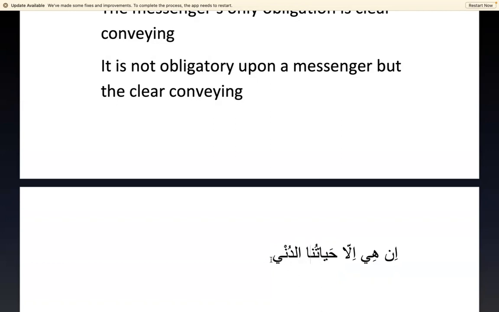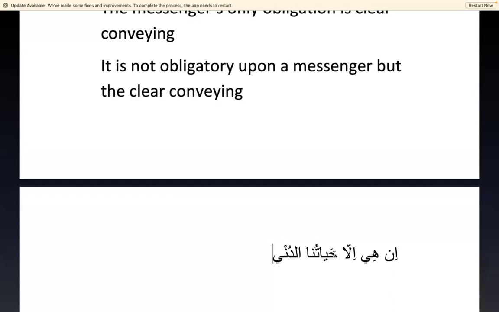Okay. Now, how will you translate then hayatu dunya? The word hayatu means living. Dunya actually means lower, or you can say worldly.